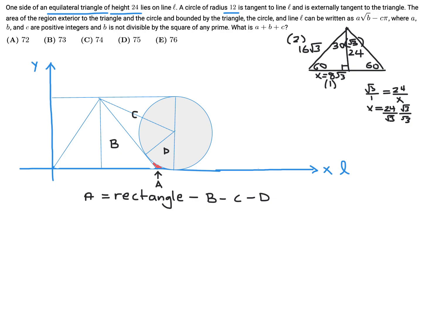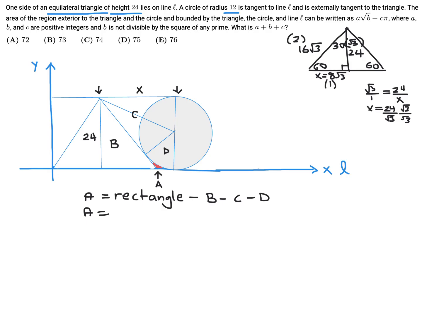Now, to figure out the rectangle, we have 24 as the height, but we're going to need the width, from here to here. Now, I don't know what it is, so for now I'm just going to call it x, and later we'll try to figure it out.